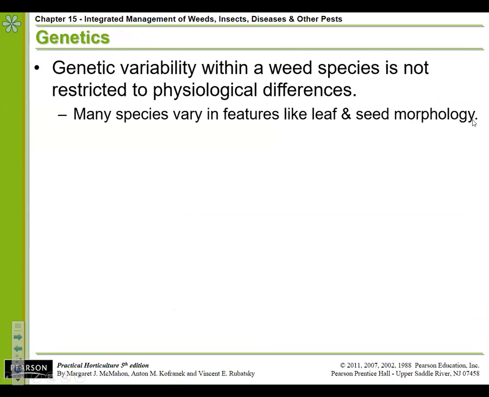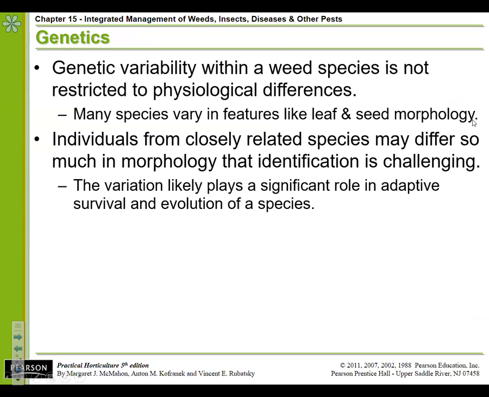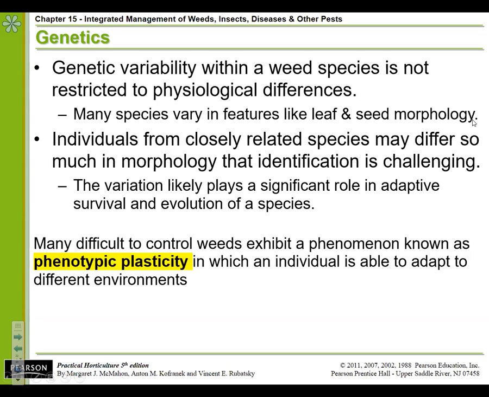We also look at the genetics of plant species and how they can become more weedy. One of the big characteristics here that we're looking at is the ability to change in morphology. The actual plant can change in different situations. They call this phenotypic plasticity, which is basically the ability for an individual plant to adapt to different environments.